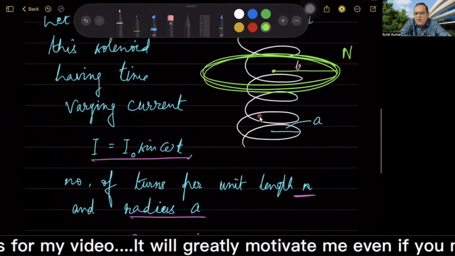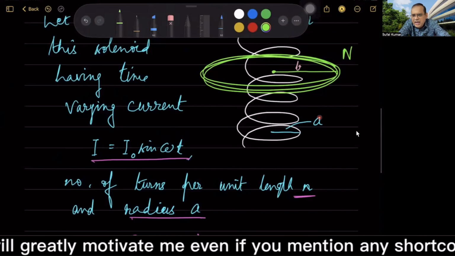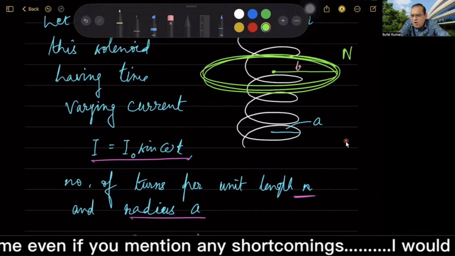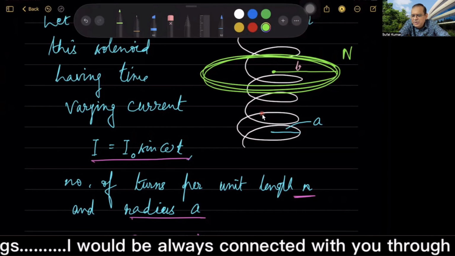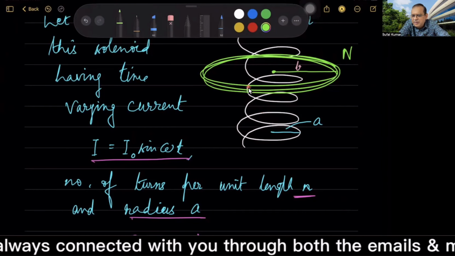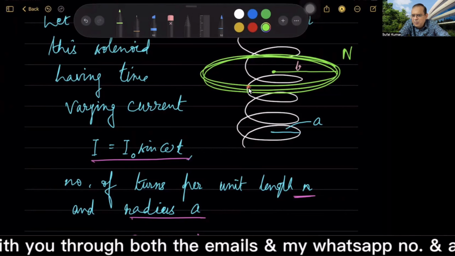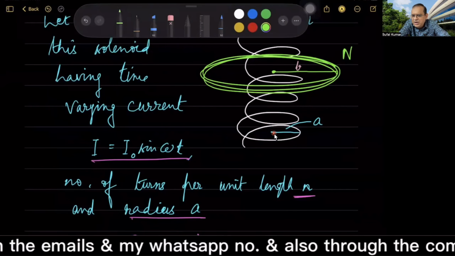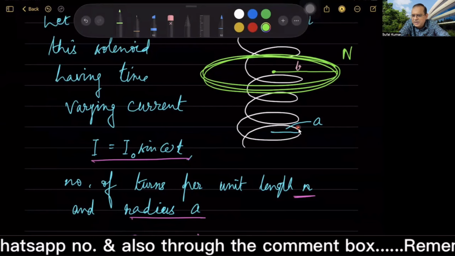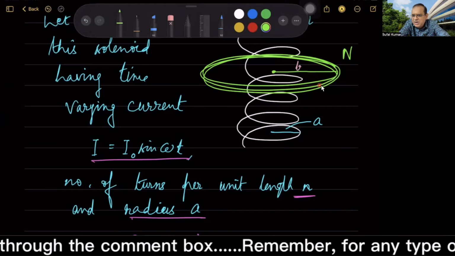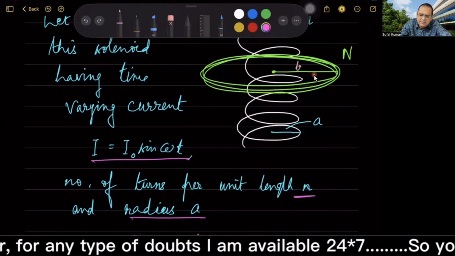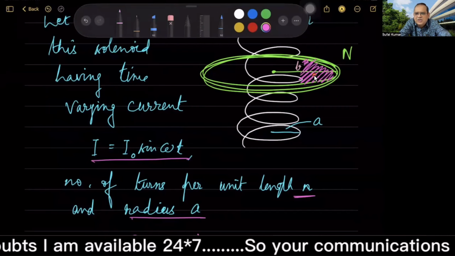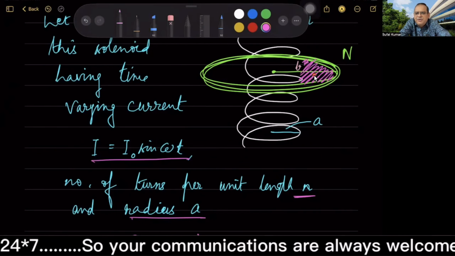For mutual induction, any and every time the smaller radius is considered, whether for this induced current or the green coil's induced current. In both, we need to consider the smaller radius because this is empty space, which has no magnetic field lines.